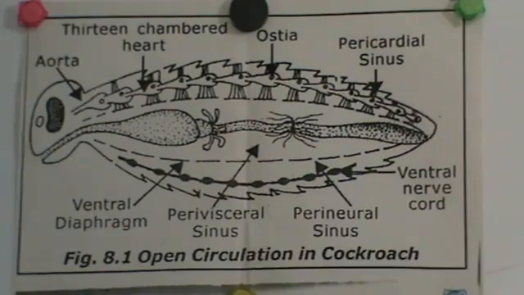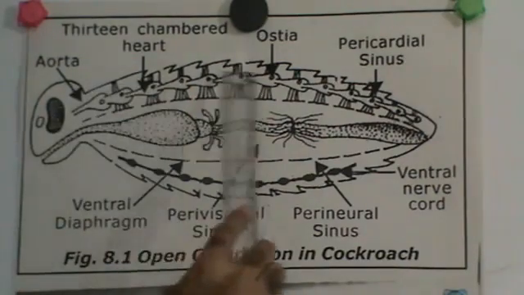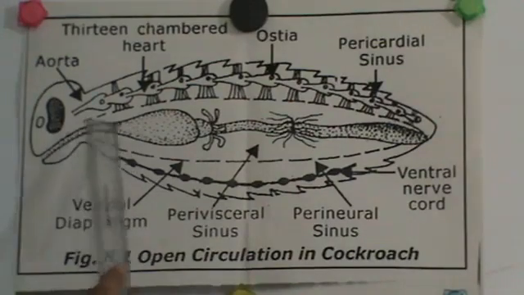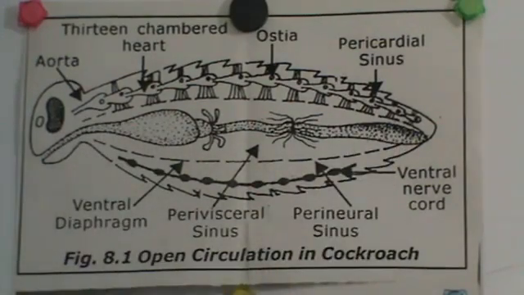The three sinuses, the three hollow open spaces, are: first, the pericardial sinus, which is dorsal with the heart. Then the perivisceral sinus, which is in the middle with the alimentary canal, and then the perineural sinus, which has the ventral nerve cord.